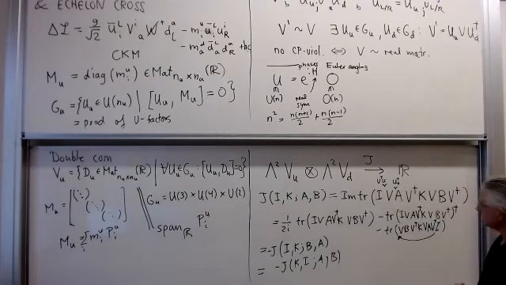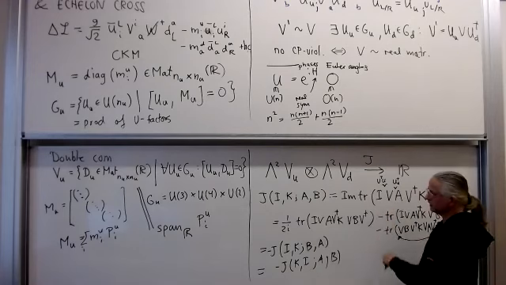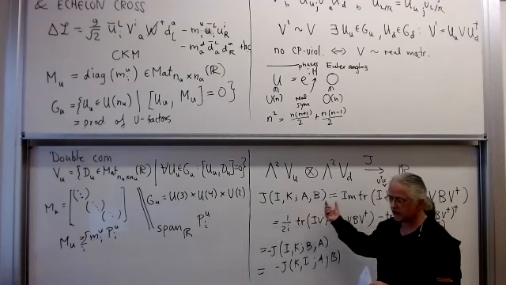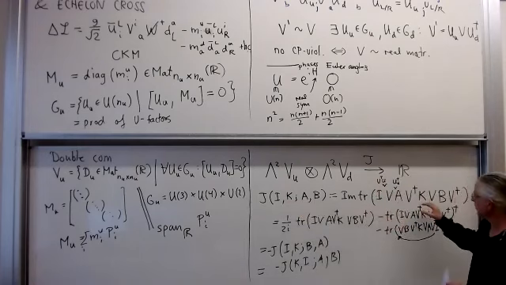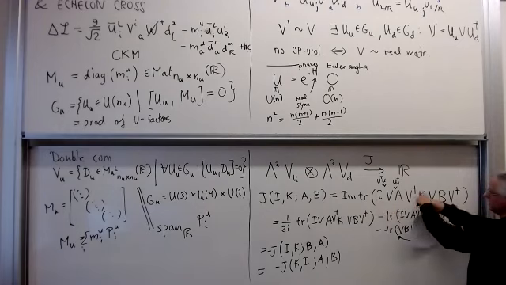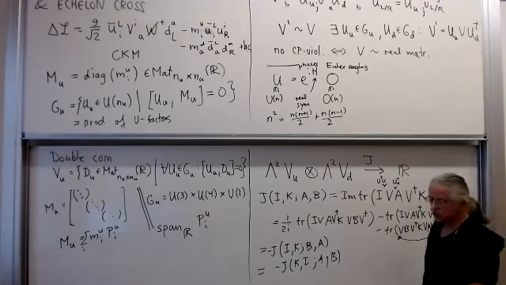Maybe I should say why, first of all, did Jarlskog look at 4 entries? Because there's another obvious candidate I could have stopped at. Why did I continue to 4? Why didn't I stop with 2? You can convince yourself that if you repeat this argument with 2, then you get 0.